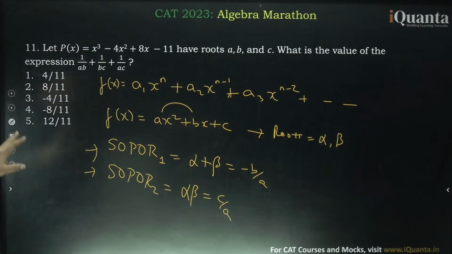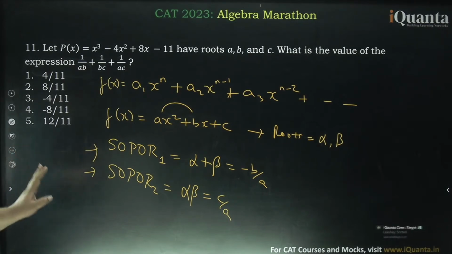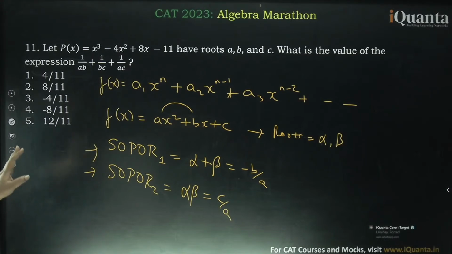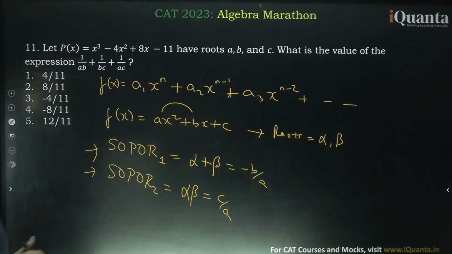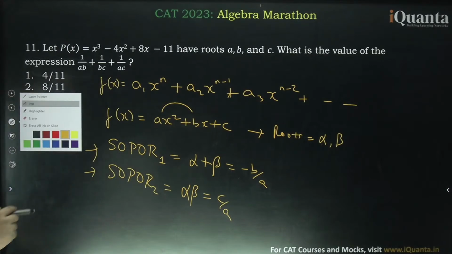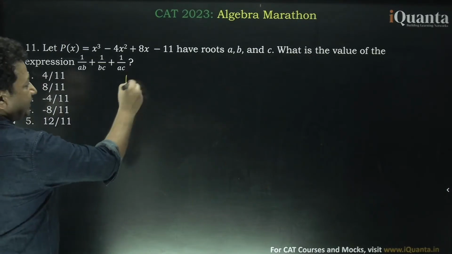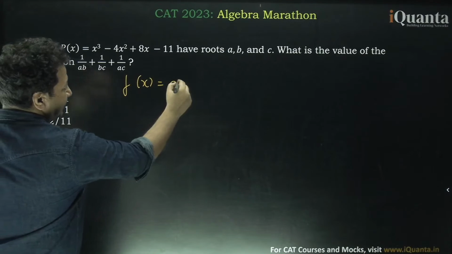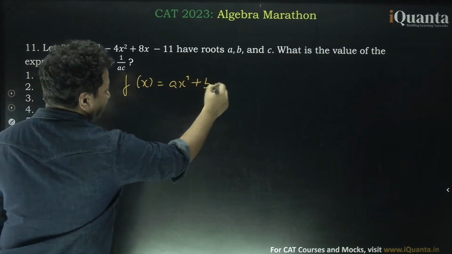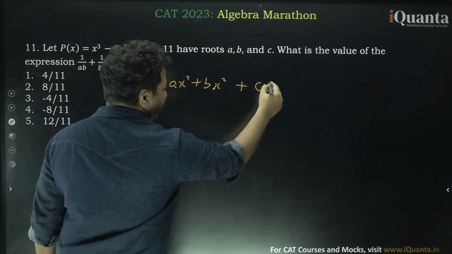Is the terminology clear to all of you? Are you guys noting this down? The concepts, SOPOR. Similarly, if we have a cubic expression, that is f(x) is equal to ax cube plus bx square plus cx plus d.